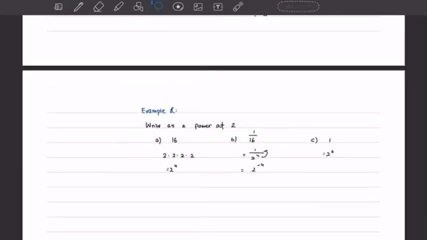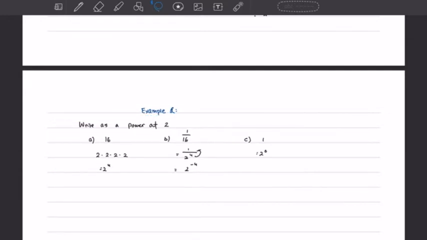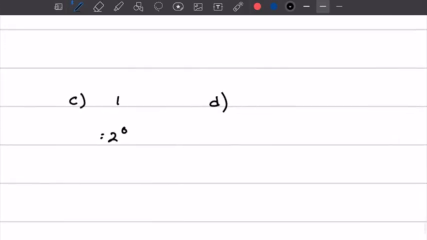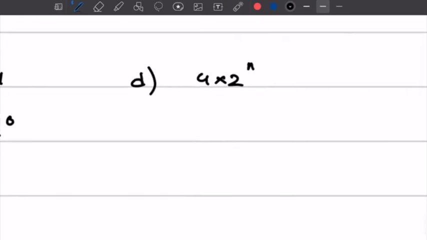Now, let me just bring that there and bring this there. I'll just be doing one more. So you have 4 times 2 to the power of n. Well, you know that 4 is 2 times 2, which is written as 2 to the power of 2, times 2 to the power of n.